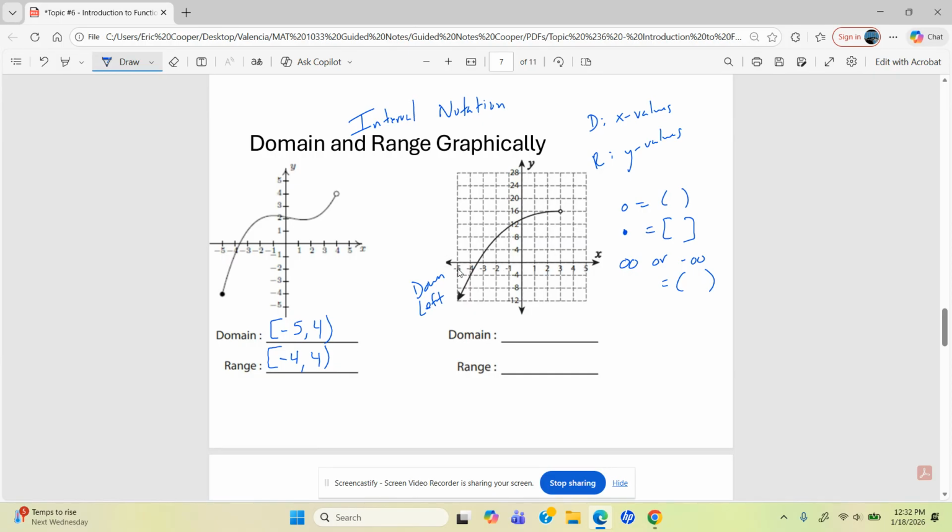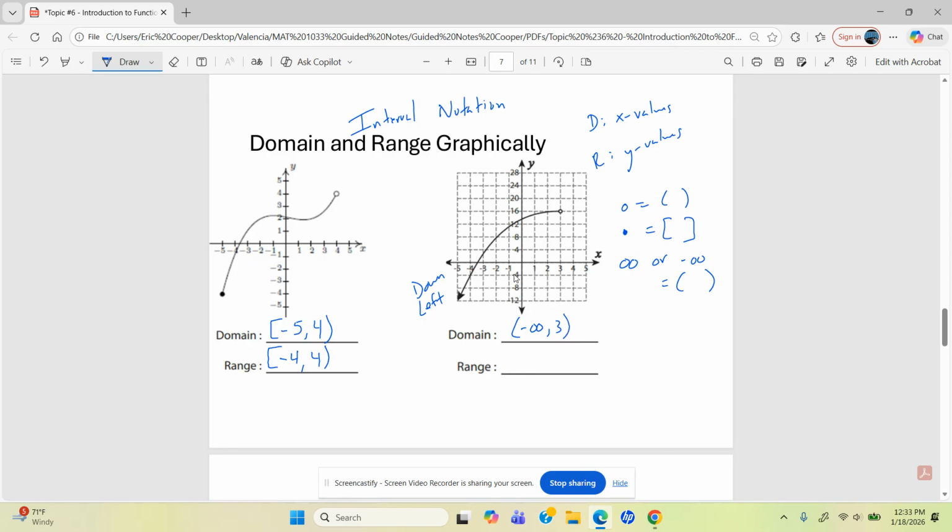So as I go to the left, I notice I get to the arrow, which means it's going forever to the left. It's going forever to the negative numbers. So my domain will start at -infinity, which always gets the parenthesis. For the right side, it does end at a higher number. It ends at 3. It doesn't go forever to the right, so it's going to end at 3. However, it's got an open dot, which means it can't equal 3, so we'll put a parenthesis at 3.